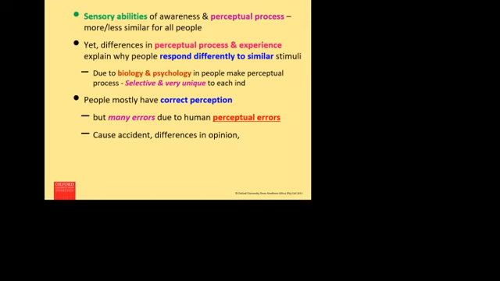Individuals may have differences in understanding the stimuli. This can be due to biology, psychology, or perceptual error, which could lead to differences in opinion, differences in understanding, misinterpretation of the stimuli, and so on.